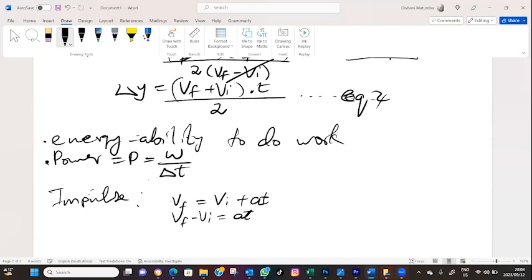Now, if we multiply throughout by mass, we will get m v final minus m v initial equals m a times change of t, or t, same thing.